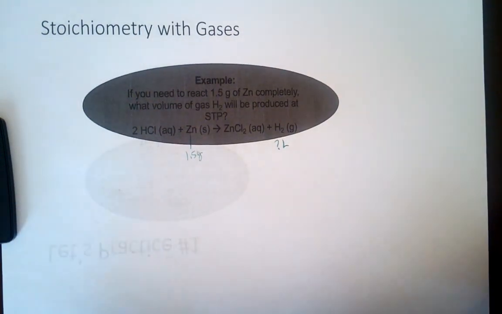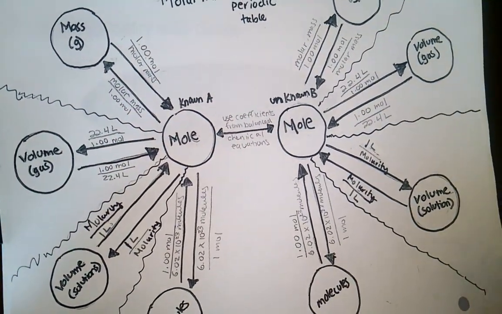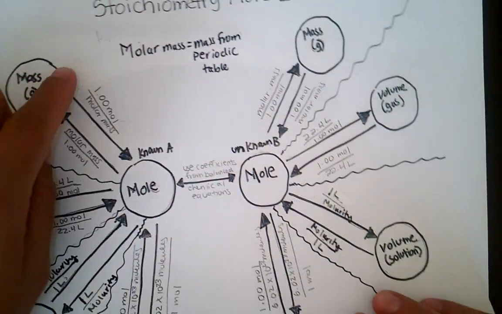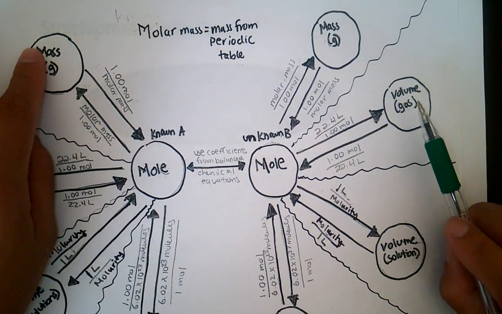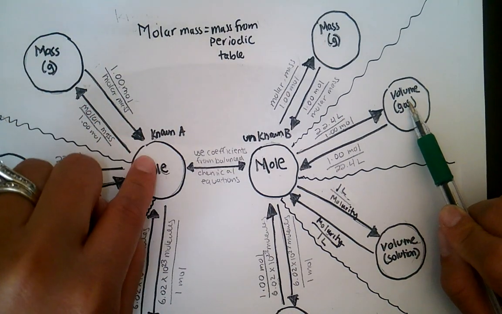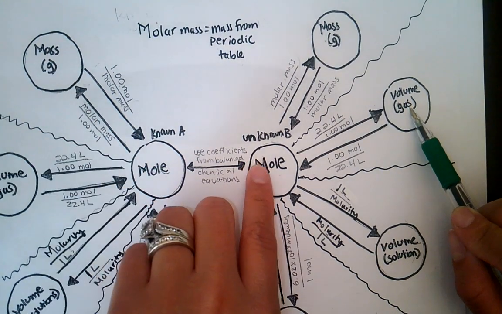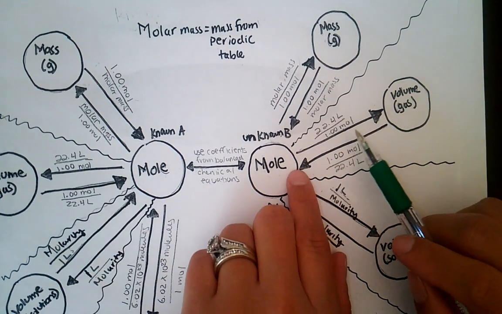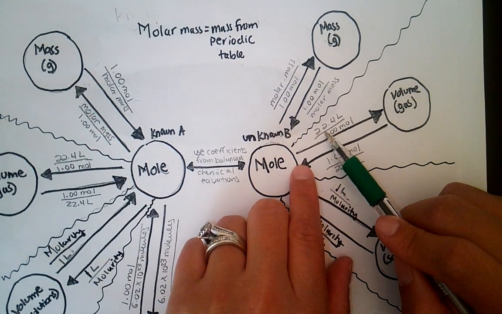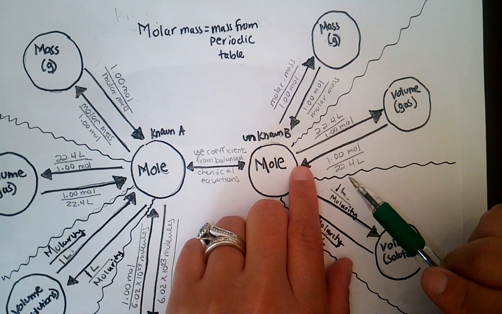So now, what does that mean for my mole island sheet? I have grams of zinc. That means I am starting here because this is my known. And now I am traveling to volume of gas, because it's mass to mole, mole to mole, mole to gas. Anytime you deal with a gas, it's always going to be the number 22.4 liters is equal to 1 mole.